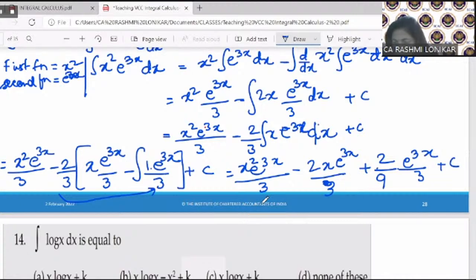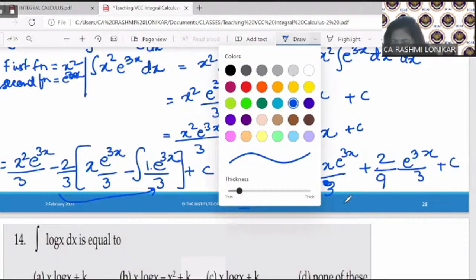So what do I get as the answer here? I will write it with another color so that it is visible.